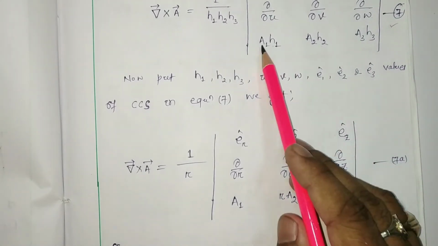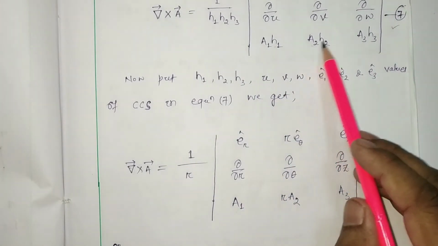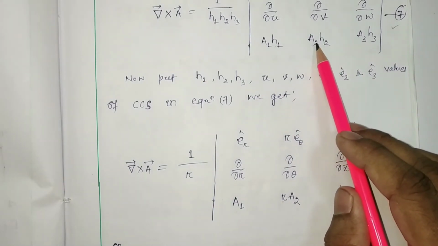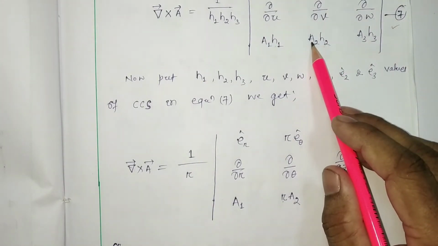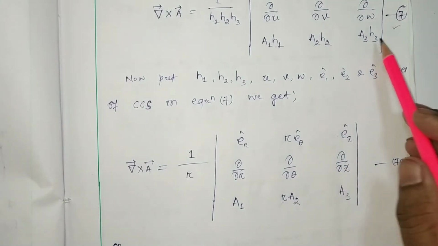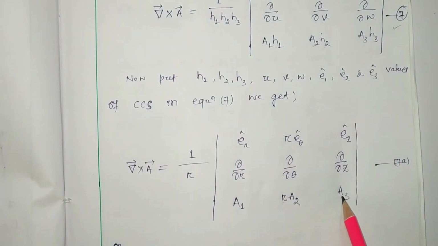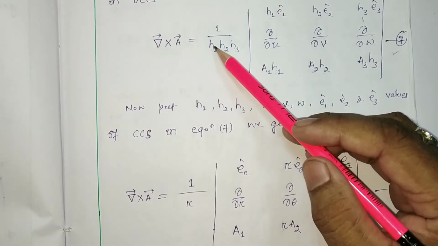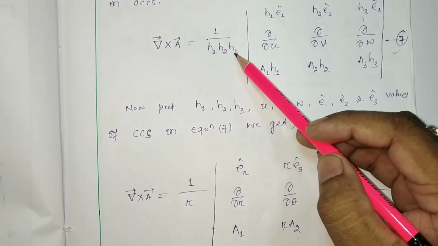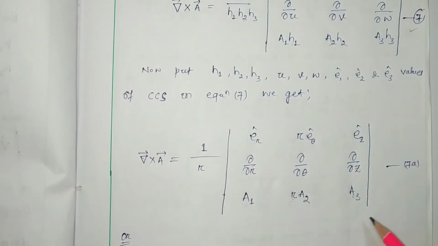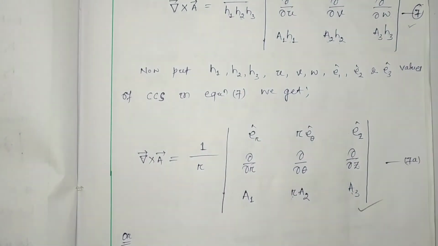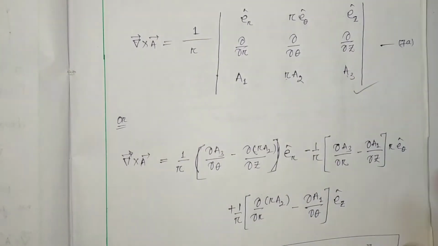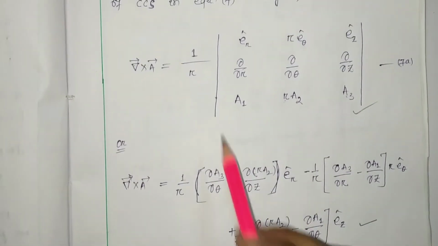So A1, then h2 into A2, that means r into A2, and here A3 into 1, A3. So here 1 by h1 h2 h3 means 1 by r, because h1 is 1, h3 is 1, h2 is r. So 1 by r. This is the required expression of curl in the cylindrical coordinate system, or in this form also you can write it, with 1 by r here.